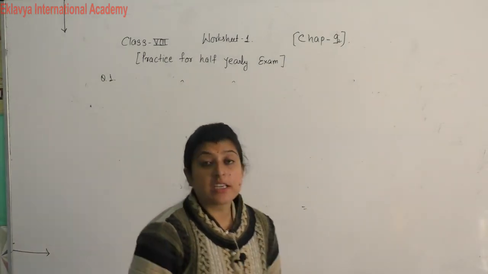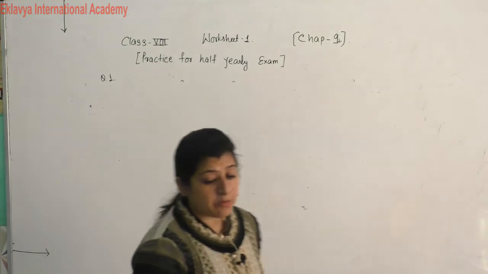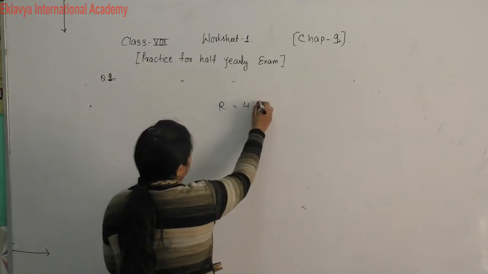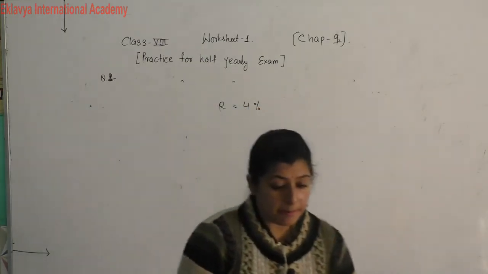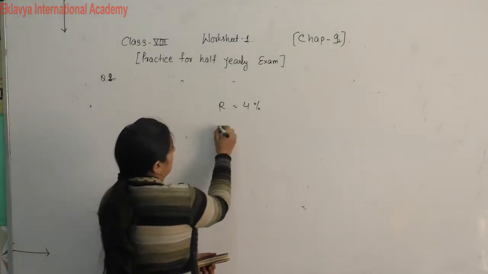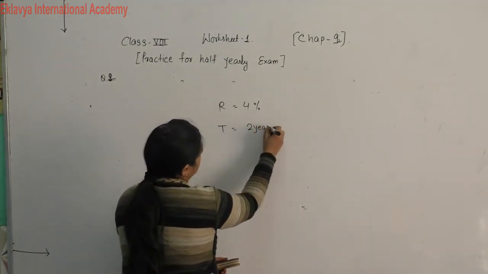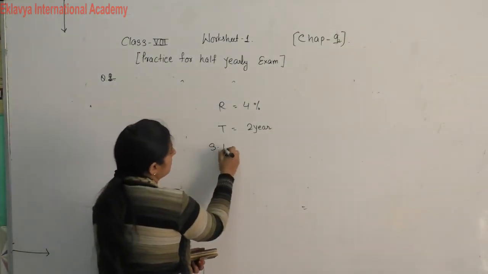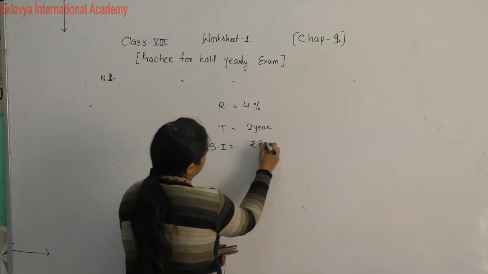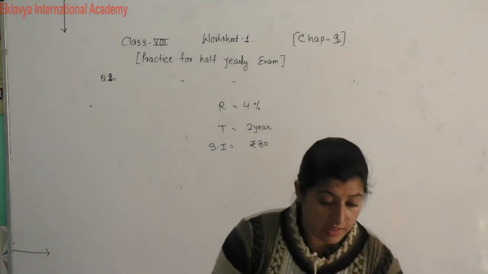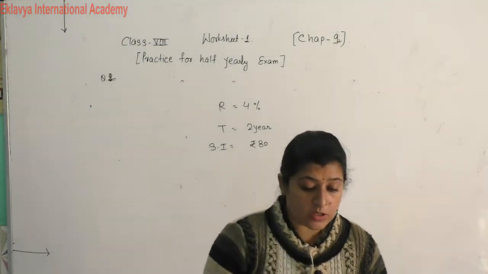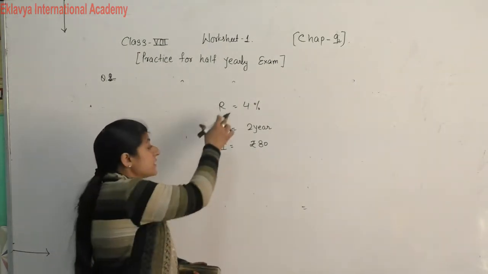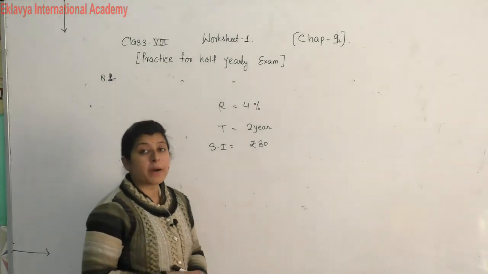Your second question is, if the simple interest on a sum at 4% rate per annum for 2 years, time given to you 2 years, is rupees 80, what is the compound interest on the same sum for the same period? Same sum, same period. Find out the compound interest.